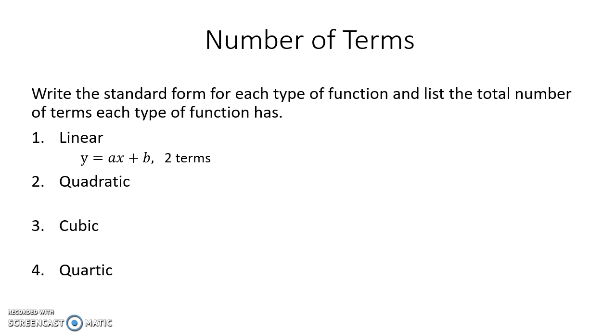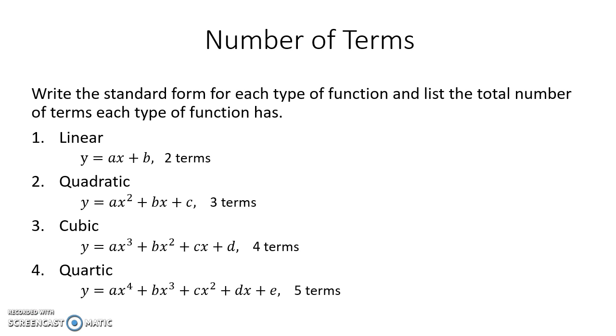For a quadratic, the standard form is y equals ax squared plus bx plus c, and you can see this degree 2 polynomial has three terms. For a cubic, here's our cubic function, and you can see that this degree 3 polynomial has four terms. And finally, the quartic function, and you can see it has five terms.